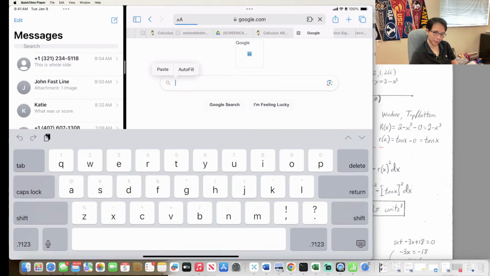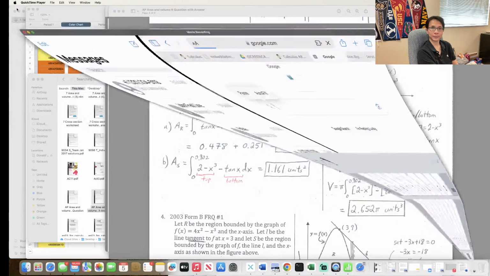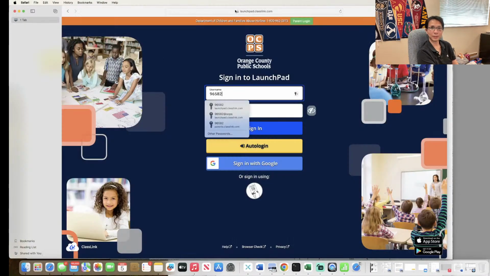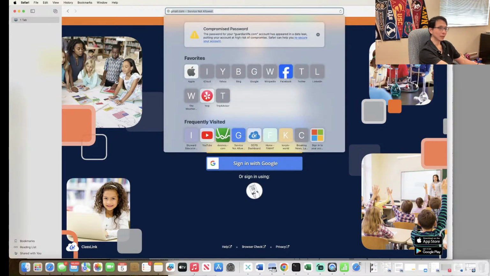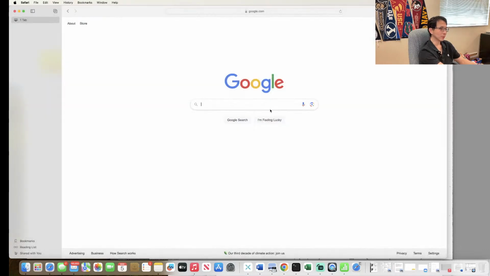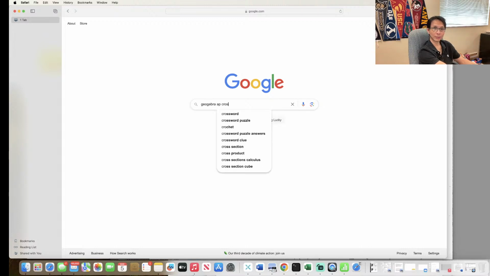Desmos kind of overtook it, but it doesn't work, so let's do it here. GeoGebra and AP cross section.